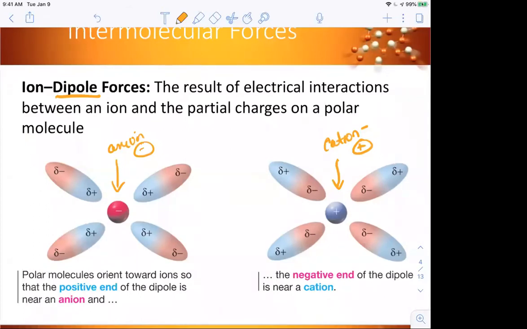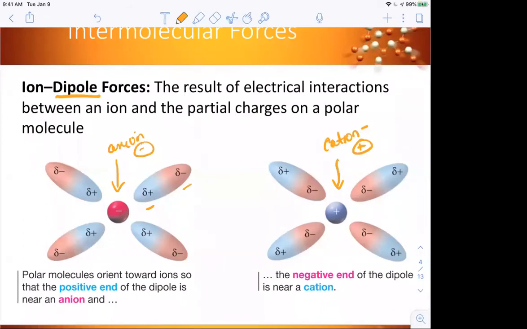A polar molecule. We talked about that when we looked at molecular polarity. I'm going to have regions that are partial positive and partial negative based on the permanent dipole that is present in this molecule.